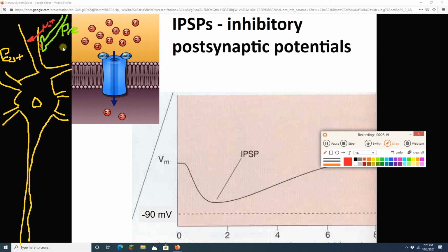Originally my resting neuron here, the yellow one, had a membrane potential of -70. When the sodium rushed in, this spot right here depolarized, got more positive. And then that depolarization is going to spread towards the axon hillock. As it spreads, it gets smaller. That's what happens to waves when they move, right?